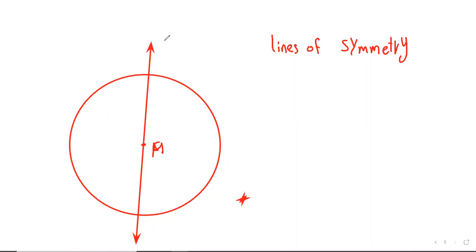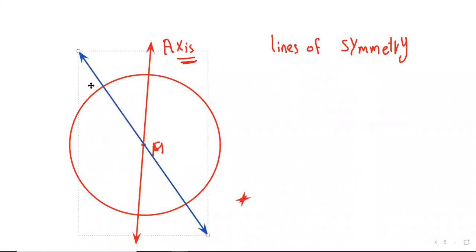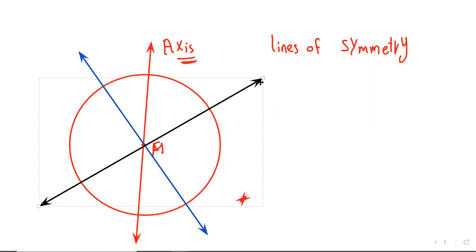So this straight line is called an axis of symmetry or line of symmetry for the circle. And the circle has an infinite number of lines of symmetry. So here we can draw an axis of symmetry, like the blue line, and also we can draw another axis of symmetry. So how many lines of symmetry in the circle? Any circle has an infinite number of axes of symmetry.